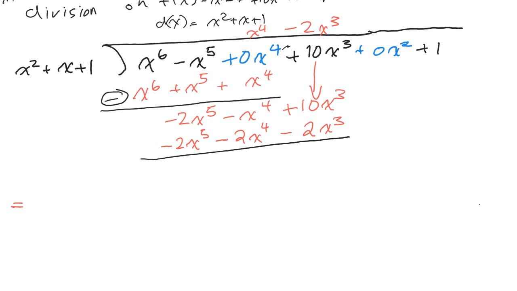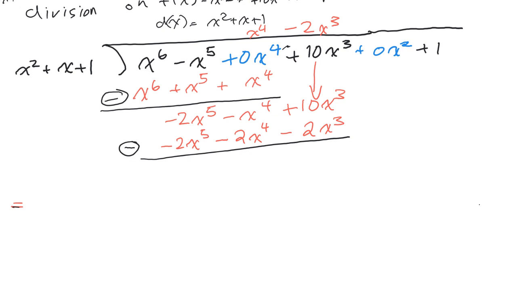The only thing that should cancel should be the front end of this. So we're going to subtract. I'm going to put a circle with a minus in it to remind myself I'm always subtracting. So negative 2 minus negative 2 gives us 0.